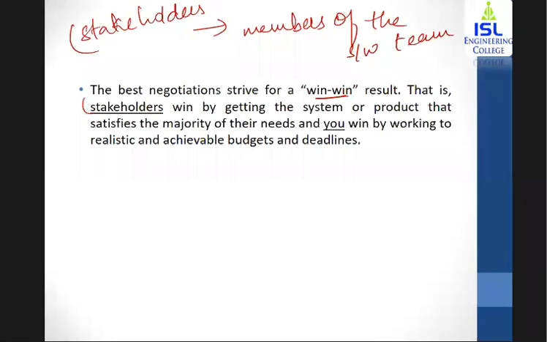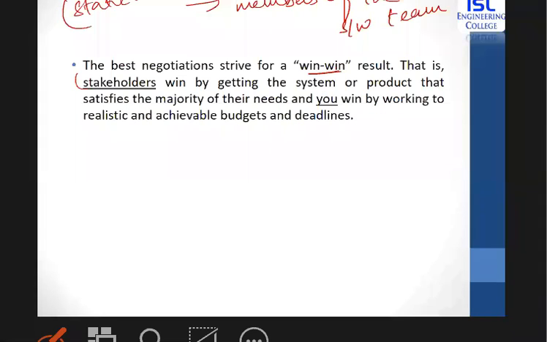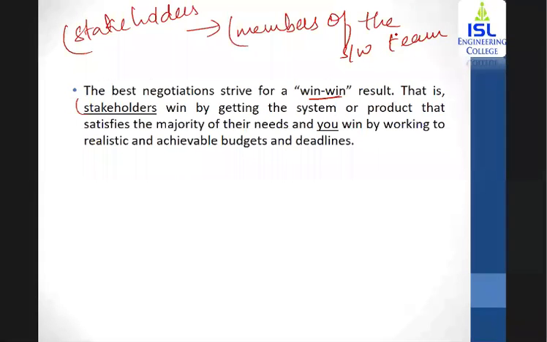It should be win-win between these two. So the stakeholder wins by getting the system or product that is satisfied, based upon the prioritization. And you, the member of the software team, win by working with a realistic and achievable budget and deadline.